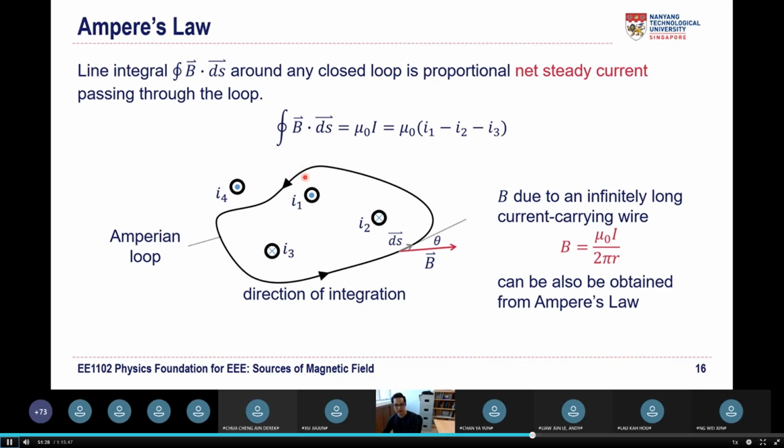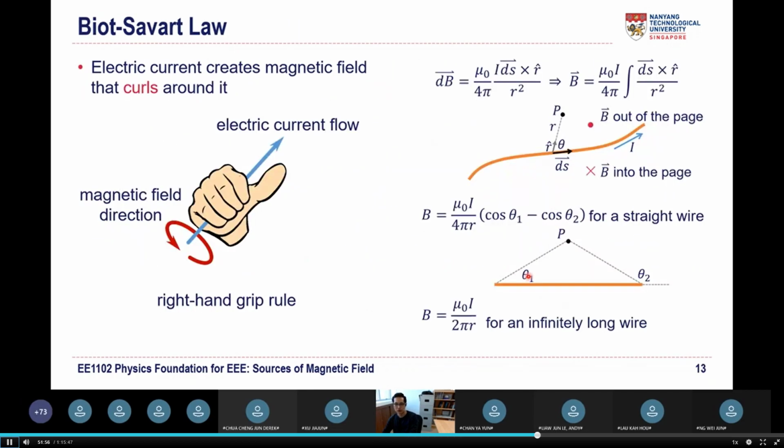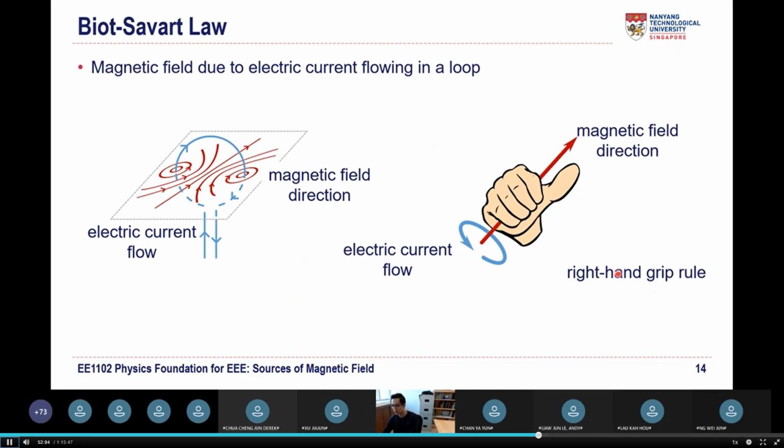Then if you use this relation, the closed loop circle is going to give you 2 pi r, right? And then you can see that it's going to give you mu zero, the permeability of free space, times I divided by 2 pi r. So you can actually get B due to an infinitely long current carrying wire using this Ampere's law, or you can also use this equation and do the integration to get this equation. So either way you do it, you get the same results. That's the point.